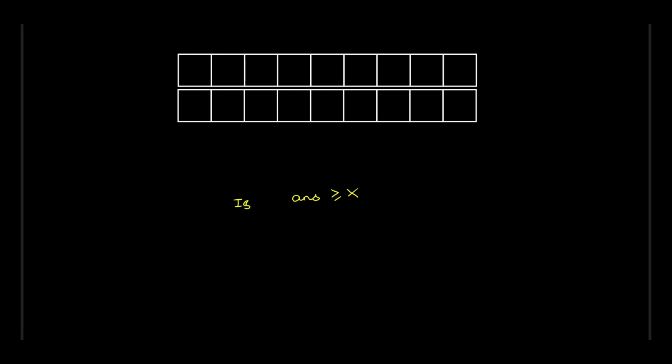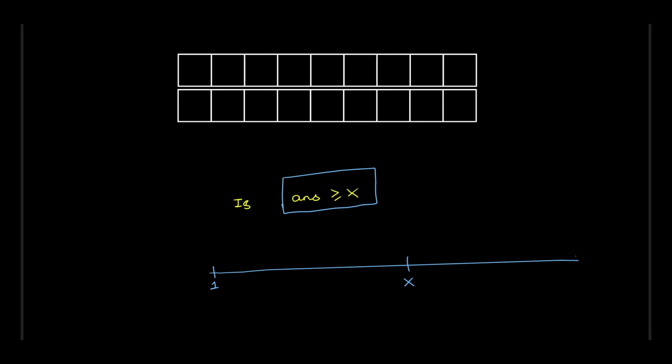This is the general setting for binary search problems. Now, if you draw this X on the number line, suppose this is X over here, this is 1, and let's say this is infinity.